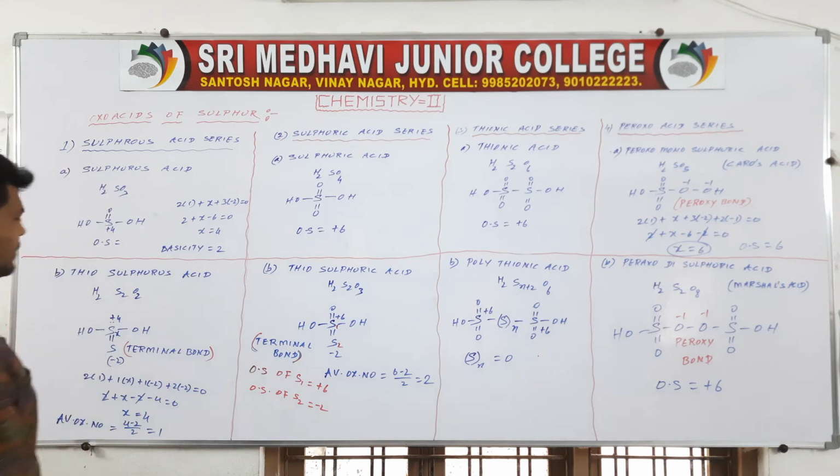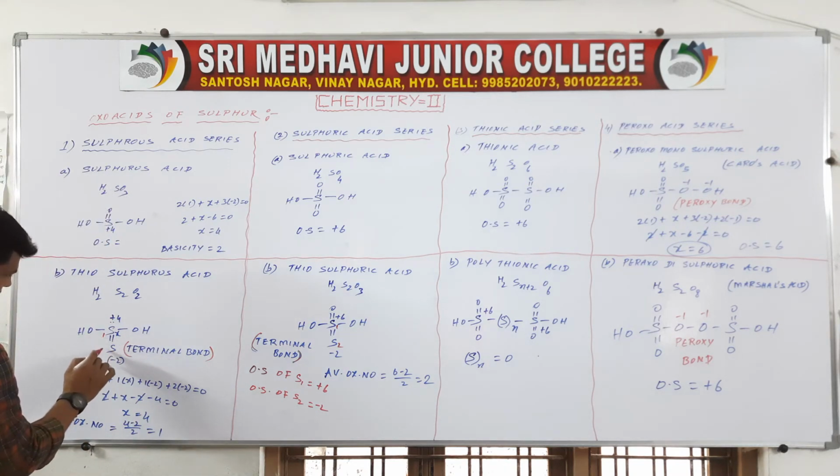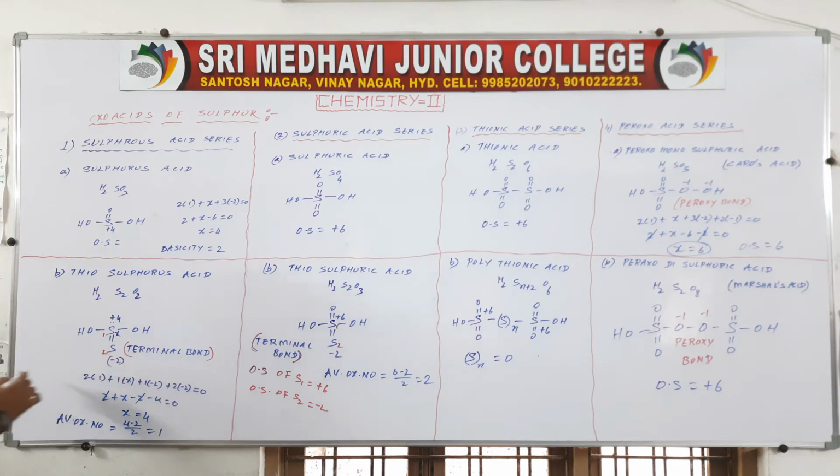Then average equal to like this. Here also it is 1, it is 2. Then the oxidation state of S1 equal to how much? Plus 4. Then the oxidation state of S2 equal to how much?